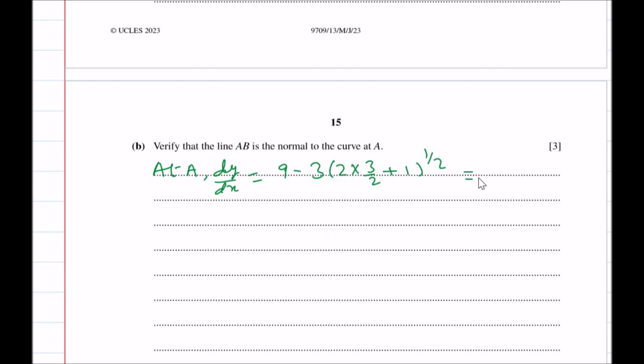Now if you calculate this, we get 3. So dy by dx equal to 3 means gradient of the tangent m1 equal to 3. Now let us find the gradient of AB.